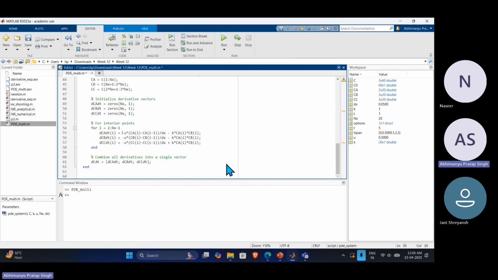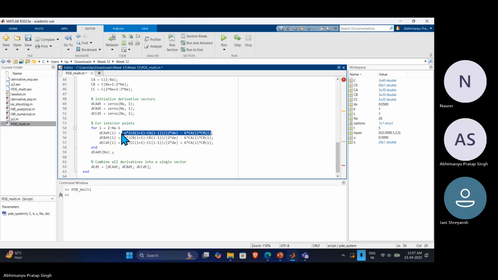So x minus 1, c plus 1, c minus 1. This should be using backward difference because we don't have the node.